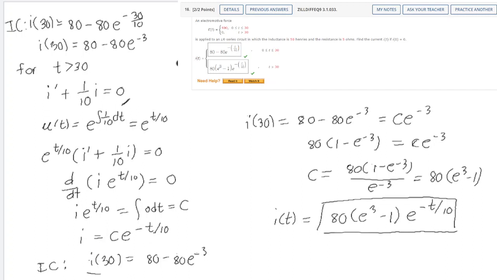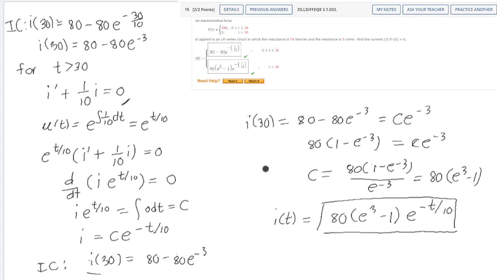This is just from our first equation, which we got from finding the value of I(t) for time t between 0 and 30. Now, this is our I(30). 80 minus 80 e to the negative 3 is equal to c e to the negative 3.